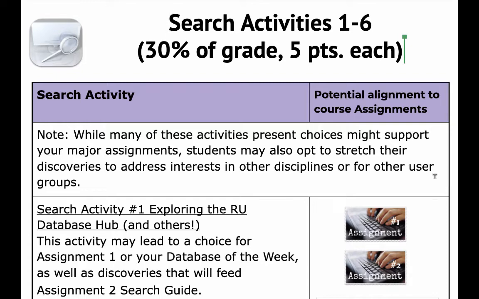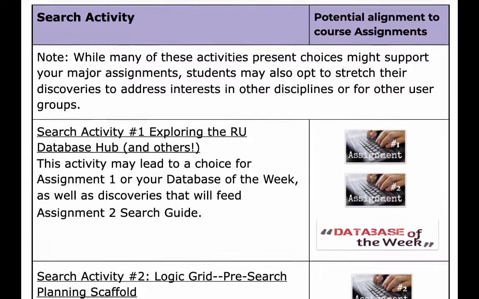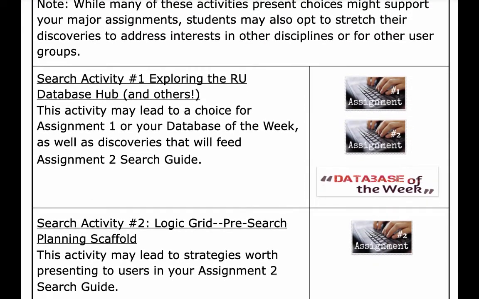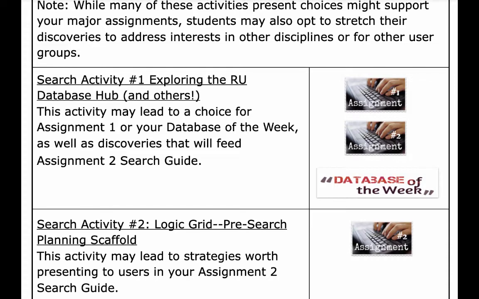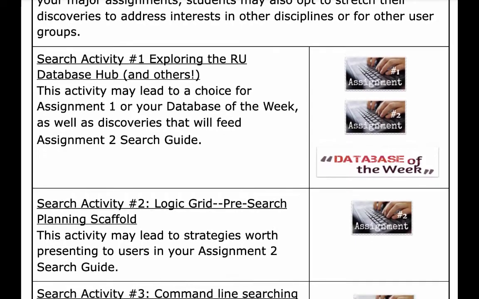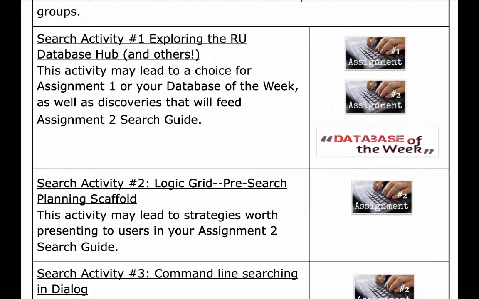In any case, I want these to be interesting for you, so I want you to explore in areas of your own knowledge, and that would be helpful to a workplace that you can envision yourself employed in. So as you explore, for instance, in Activity 1, exploring the Rutgers Database Hub, choose things that are really interesting to you. That's just a general exploration.